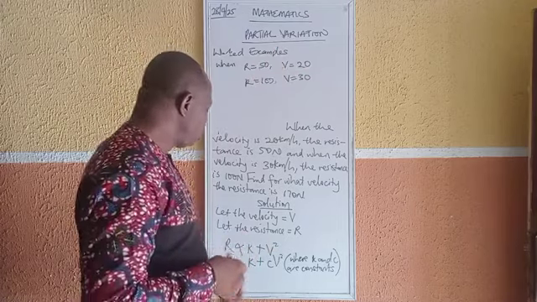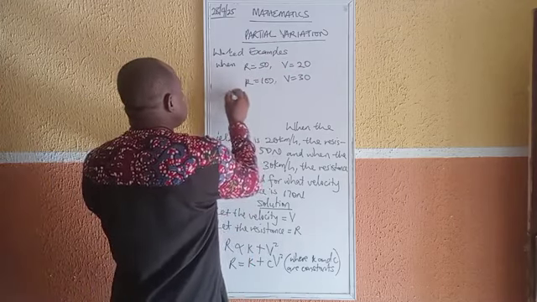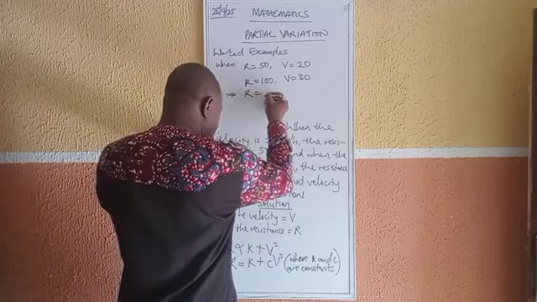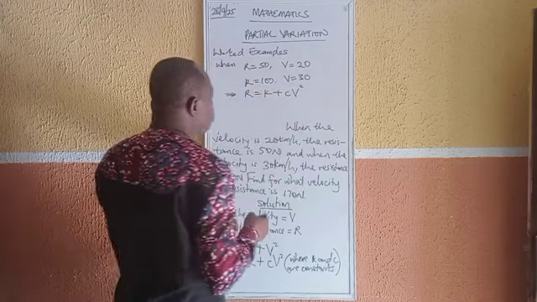So let's substitute them into our relationship. We have R equals what? K plus CV squared.